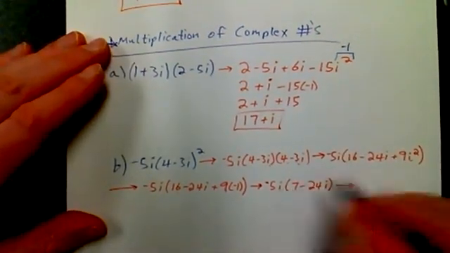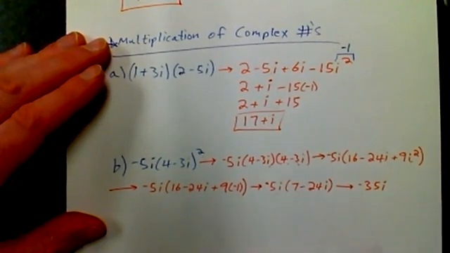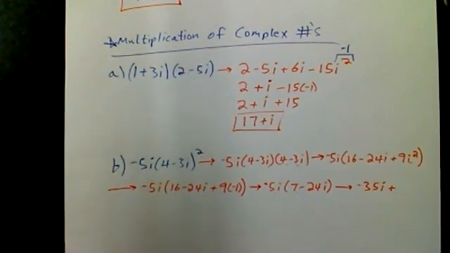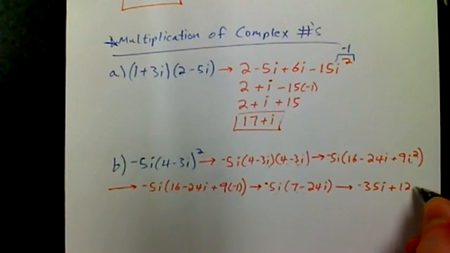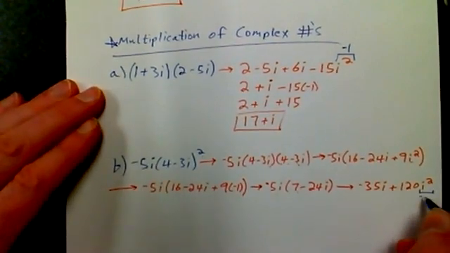From there, this will give me negative 35i, negative 5i times 7, plus, since we have a negative times a negative, let's see, 5 times 24, I believe that's 120, 120i squared. Well, there's that pesky i squared again, which we know is negative 1.